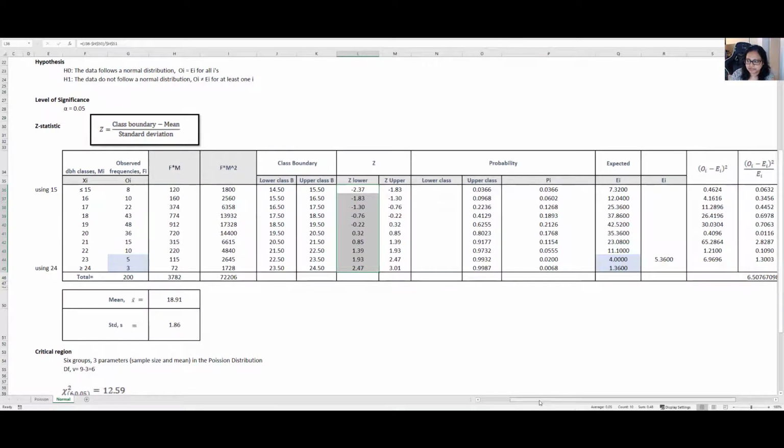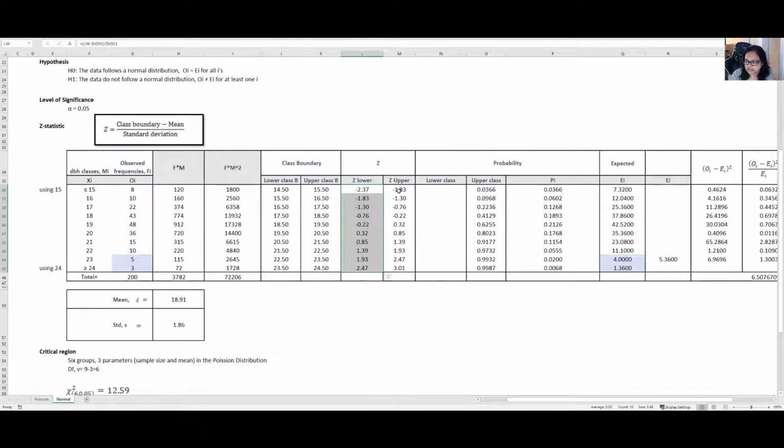For the upper class boundaries, I took the upper class boundary, subtracted the mean, and divided by the standard deviation, so that I can find the Z value for each upper class boundary.